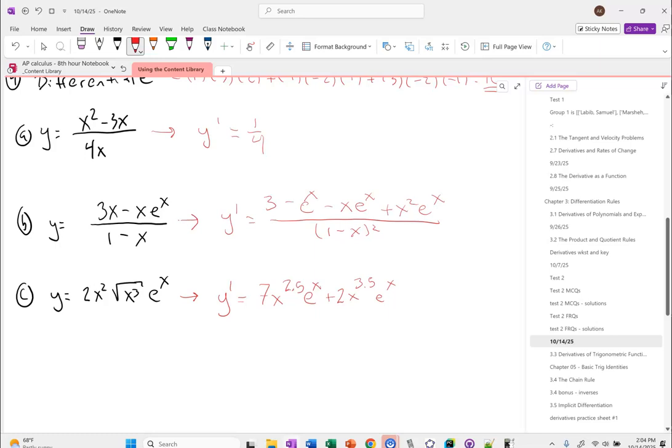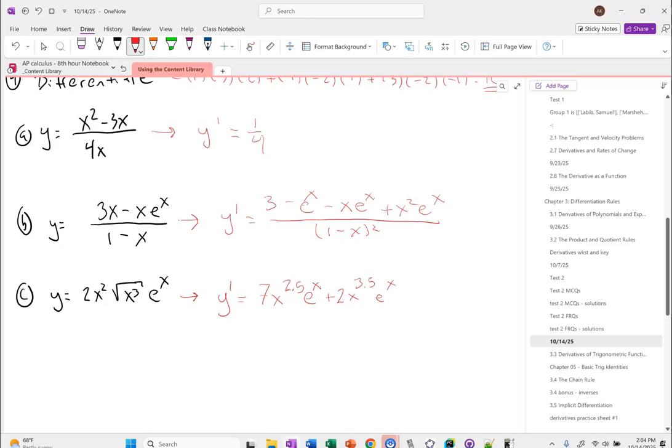It's pretty easy. But probably not before test 2 could you do that in your head. But maybe by the end of test 3, you'd be able to do part C in your head. Not realistic for you right now, unless you're like, dude, I am a derivative ninja right now. I've been practicing the heck out of these things.